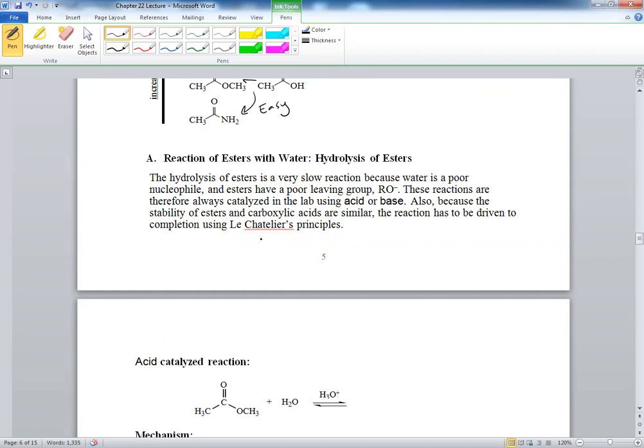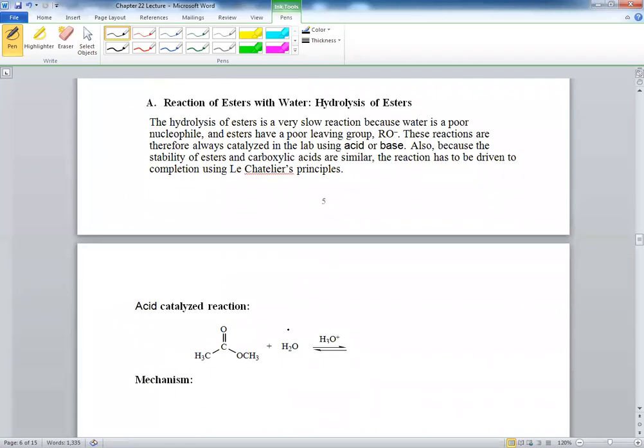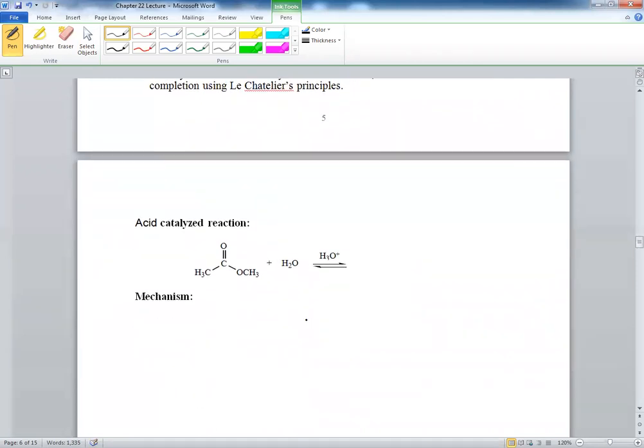Also, because the stability of esters and carboxylic acids is similar, the reaction has to be driven to completion using Le Chatelier's principle, as I mentioned before. Let's talk about this reaction, and be prepared to write the mechanism for this because it is a bit longer than the ones we saw previously, at least in this chapter.